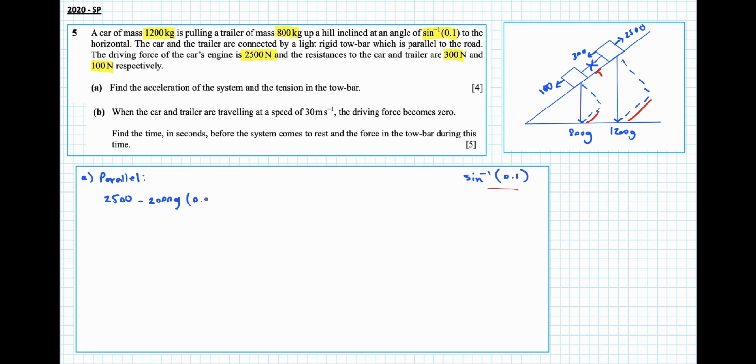And then 0.1. And then minus our 300 and 100 is 400. So the forces involved are equal to 2,000 A. So F equals ma. And from there, basically, you can find the acceleration. So 0.05 meters per second per second.